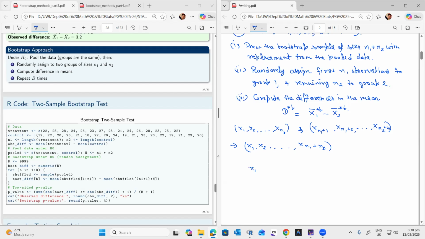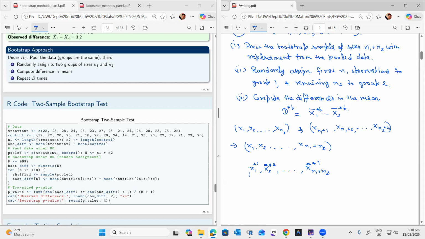So it will be x1 star 1, x2 star 1 up to x n1 plus n2 star 1. All right, so this will be your one data set. After that, you need to split it.